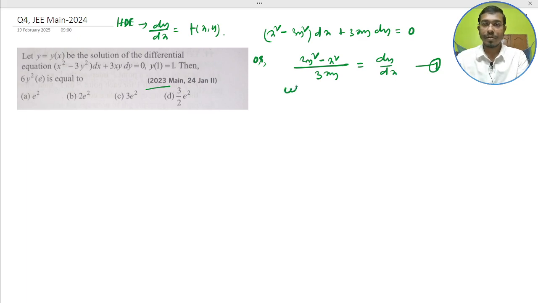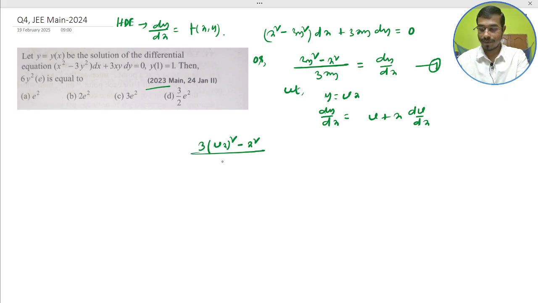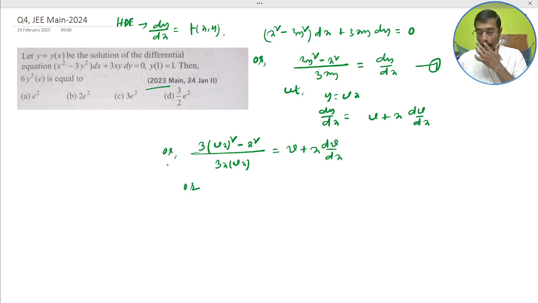So for the homogeneous equation, let y equal to vx, which means dy/dx is v plus x dv/dx. Substitute in equation 1. So it would become (3v square x square minus x square) divided by 3x times vx, equal to v plus x dv/dx.